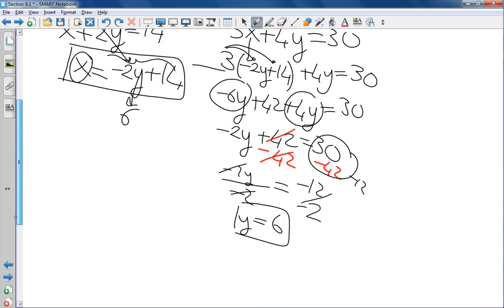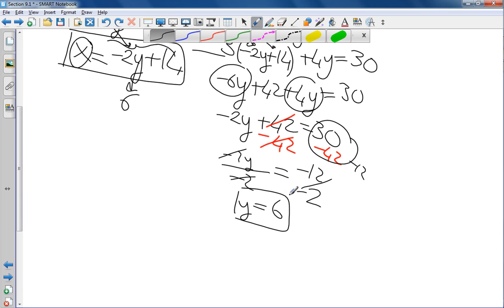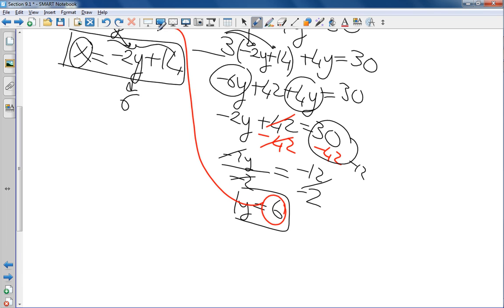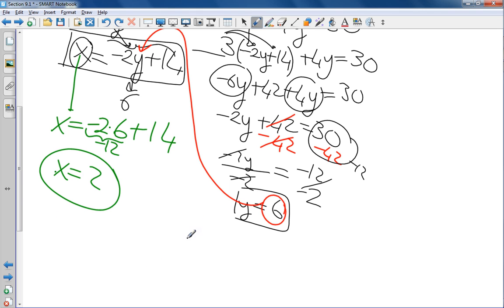So what I'm going to do is take this 6 here and substitute in y and get this x in 2 steps. Multiplied by minus 2, which is minus 12, add 14, and voila.